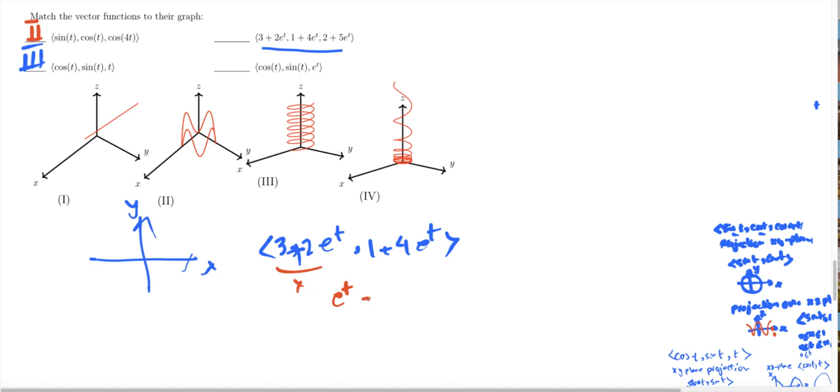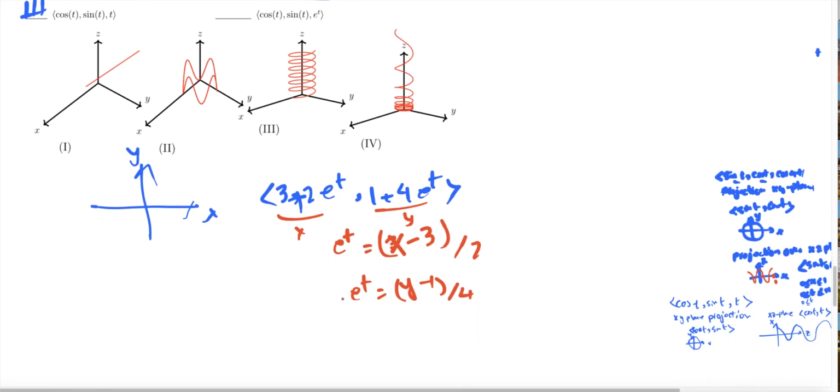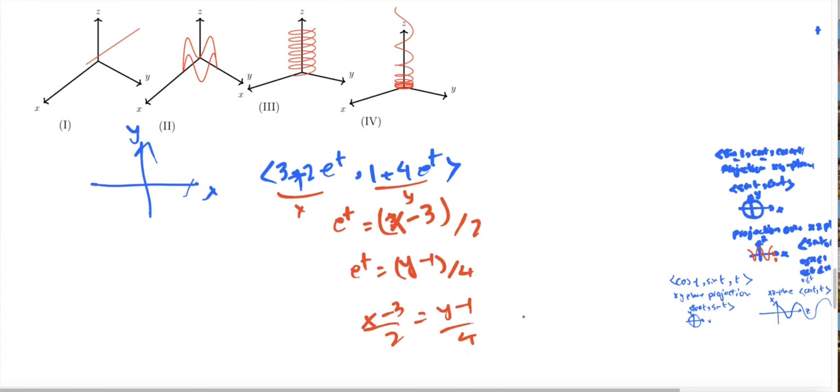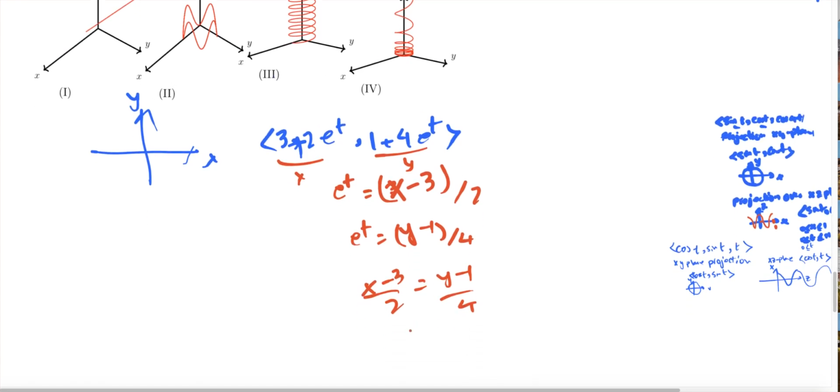This is x, so e to the t is x minus 3 divided by 2. And on the second one, this is y, so e to the t is y minus 1 divided by 4. Set them equal to each other: x minus 3 divided by 2 is equal to y minus 1 divided by 4. Simplify and you get y equal to 2 times (x minus 3) plus 1.